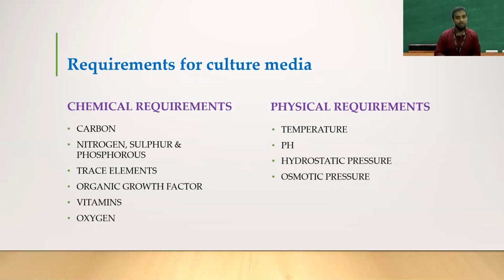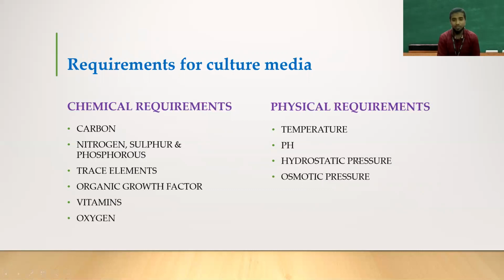Let us see what the chemical requirements are. Chemical requirements are carbon, okay, and nitrogen, sulfur, phosphorus, trace elements such as manganese and copper, organic growth factors, vitamins, and oxygen. Oxygen is required because they can be either aerobic bacteria or anaerobic bacteria, right?